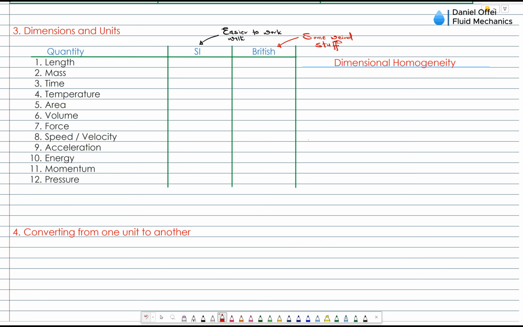So for instance, in the SI system, we measure length in meters and we measure length in feet or inches under the British system. For mass, SI says we should measure in kilogram and the British system measures in the pound mass or the slug.